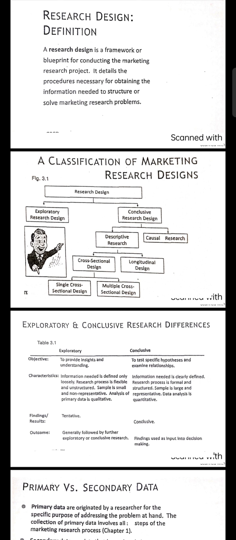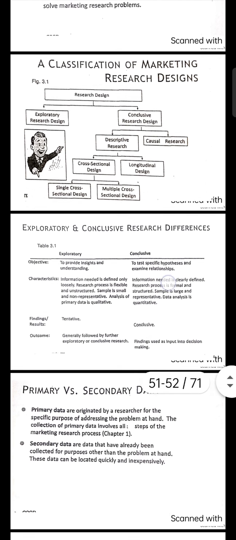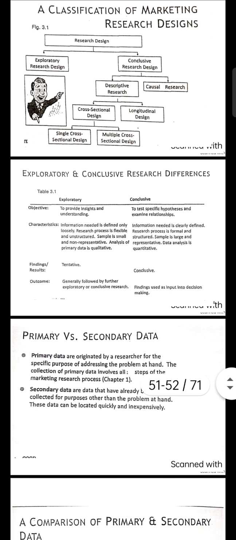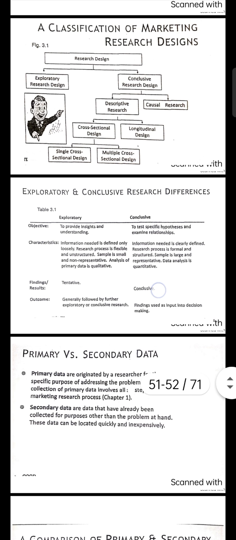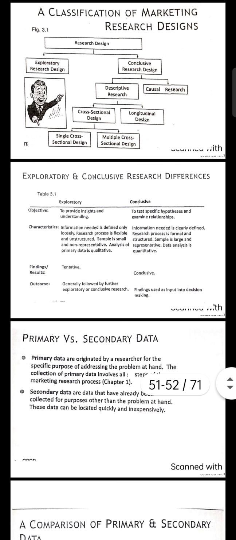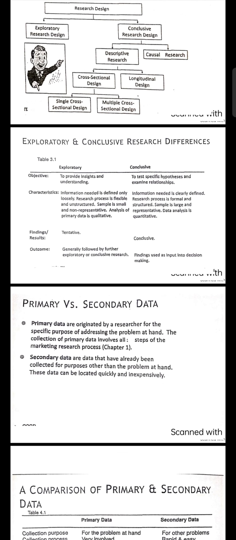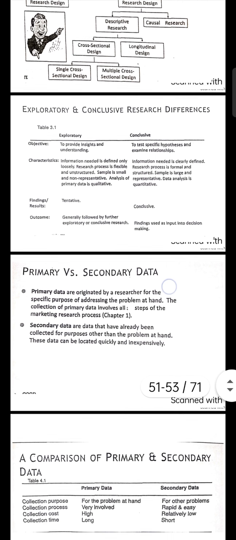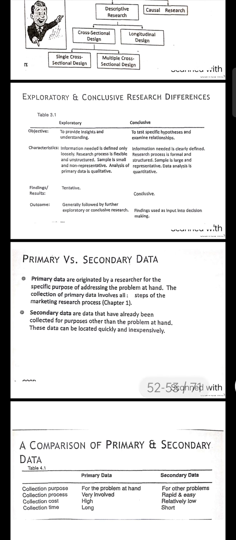If you're interested, you can look for them in the reference. We just focus on the basics: when it comes to research design, there are two big major categories, exploratory and conclusive. So basically two kinds of research design.